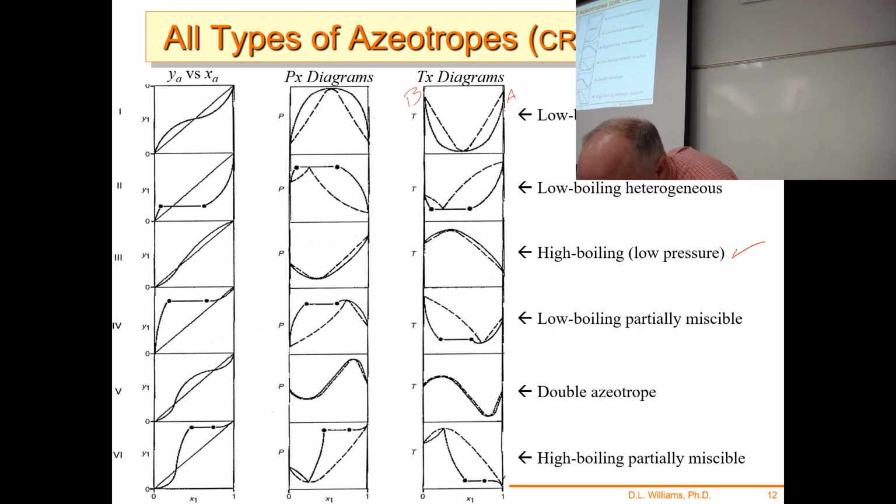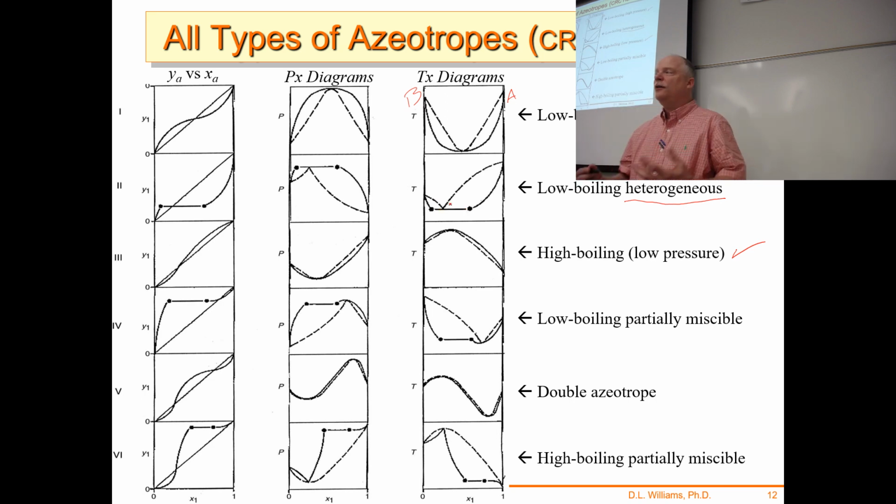And then we have these other things. Let's look at some of these other situations. Here's a low boiling heterogeneous mixture, so we're going to talk about these today. It looks like an azeotrope. See up here the vapor line is dashed. So it's a low boiler, and you have the vapor lines here. But down here we have these two dots, and between those two dots is a two-phase region.